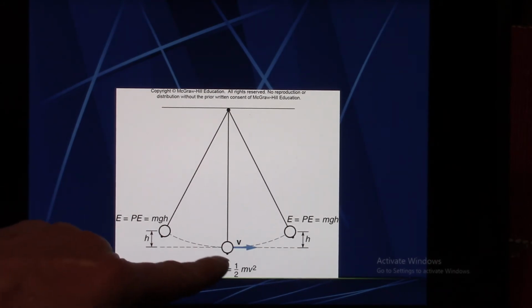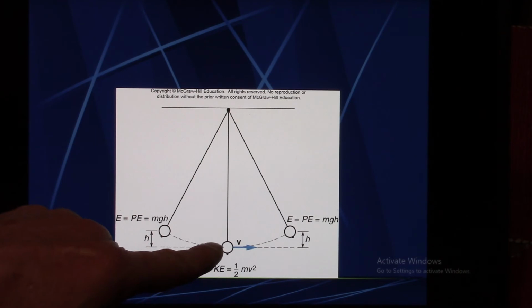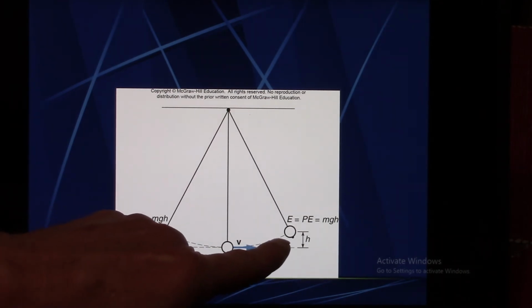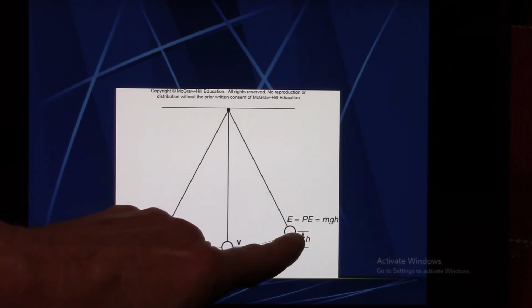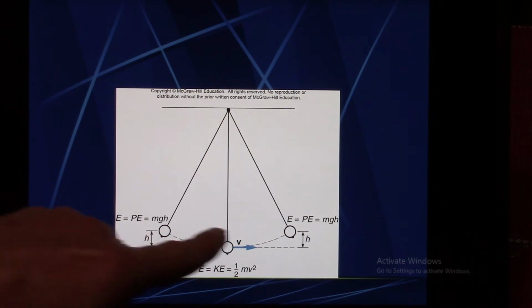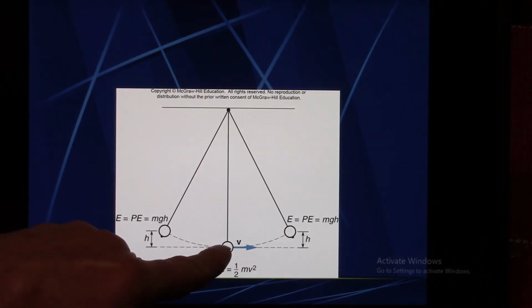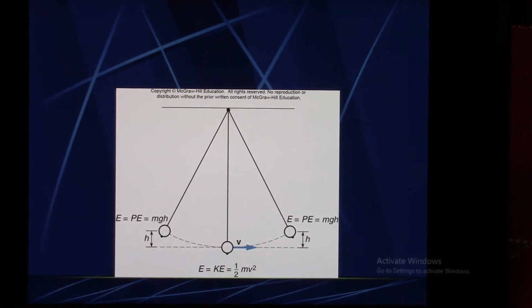This is the fastest it's going to move. Then as it continues, it starts getting slower and slower. So the kinetic energy is decreasing, but when it gets way up to here, now it's at the highest point for potential energy. And so you keep transferring: potential energy is getting less, kinetic energy is getting more, and it goes back and forth, okay?